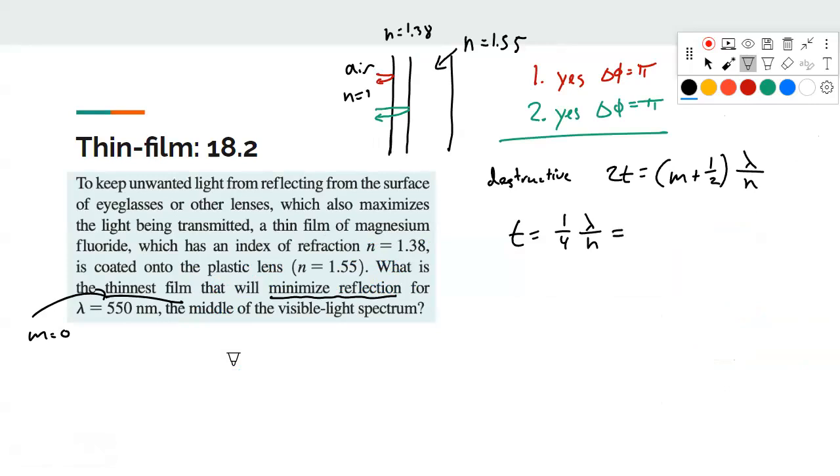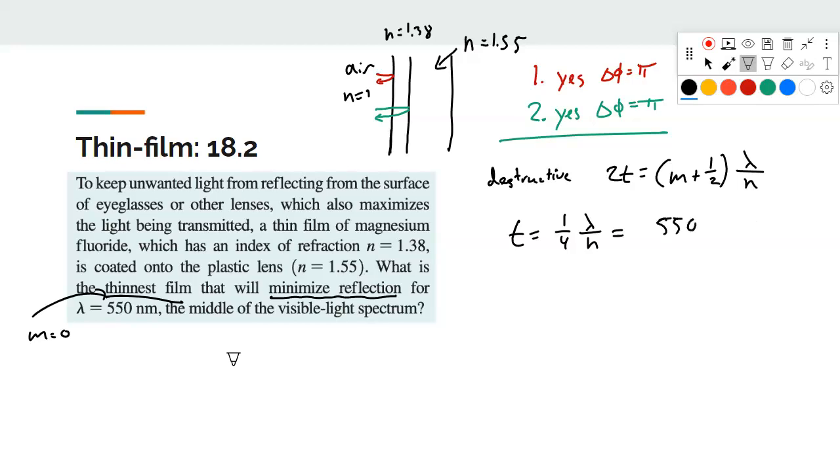Now we plug in our lambda, which is 550 times 10 to the minus 9 meters, or we could leave this in terms of nanometers so that we get reasonable numbers. There are no constants in these formulas, so you don't have to be as careful with units.